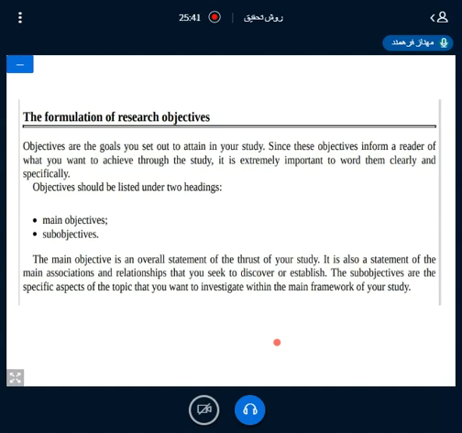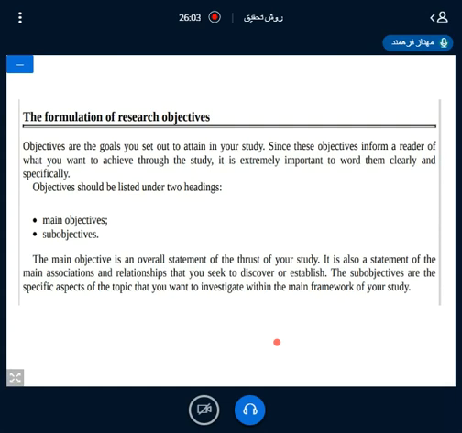Okay, the next power is the formulation of research objectives. And you are going to study about objectives, what are objectives, and the formulation of research objectives.